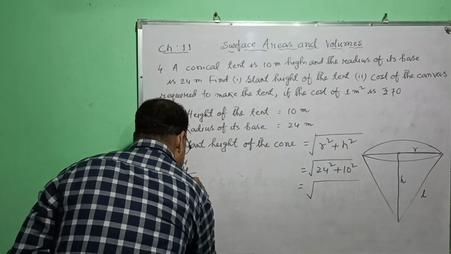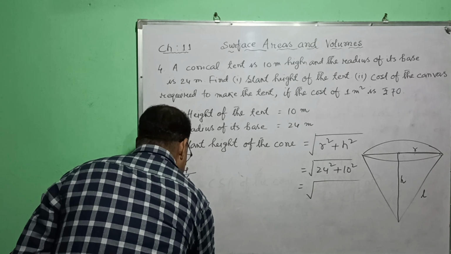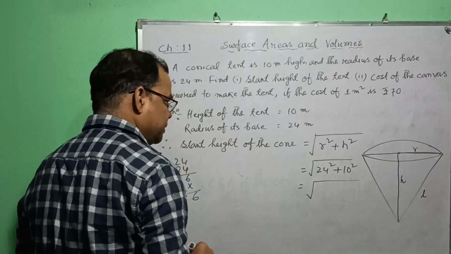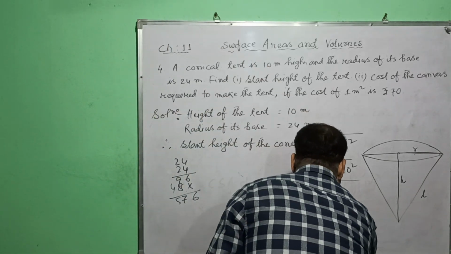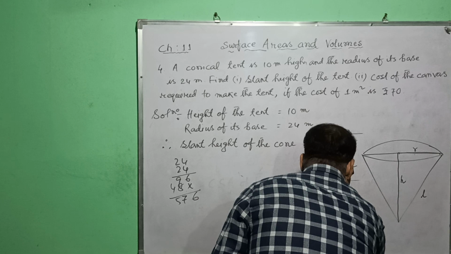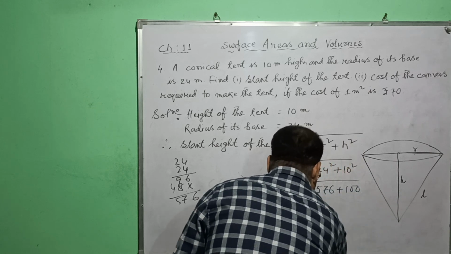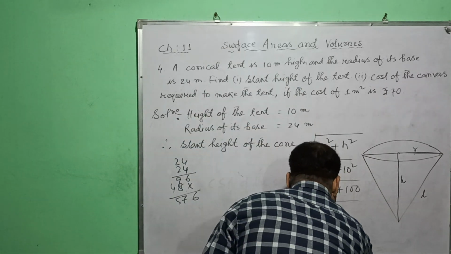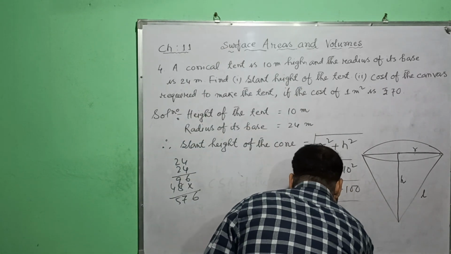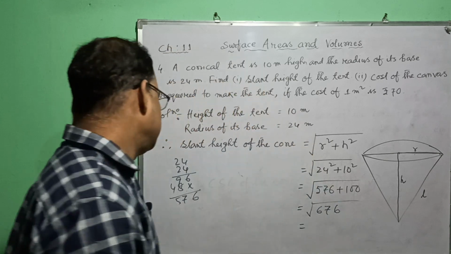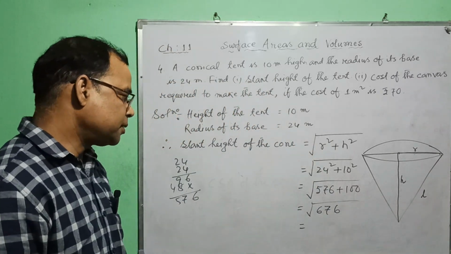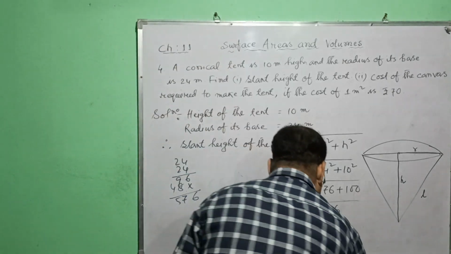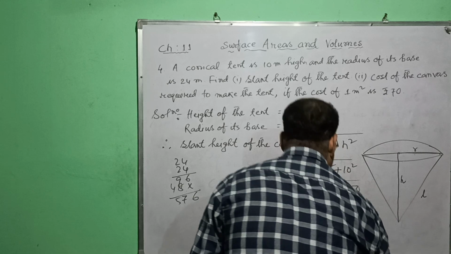So 576 plus 10 square, which is 100, equal to square root of 676. Now the square root of 676 is 26. So we will write 26.